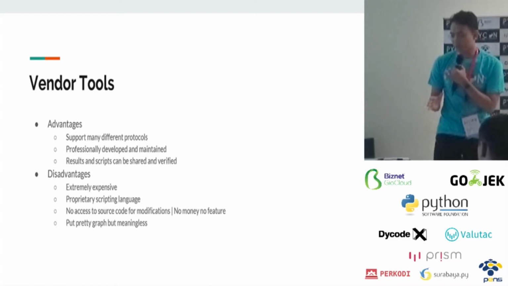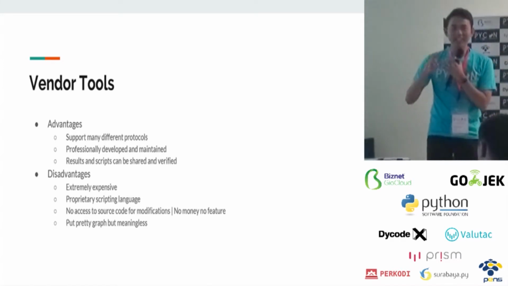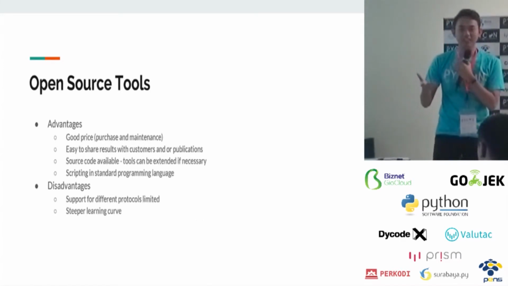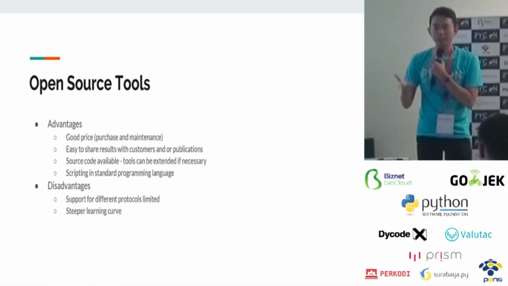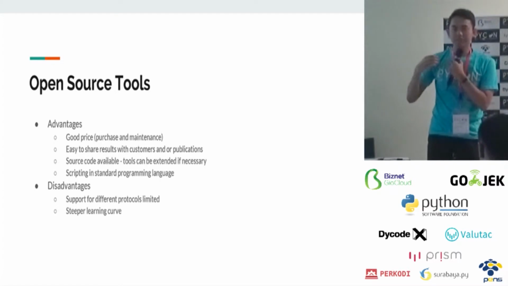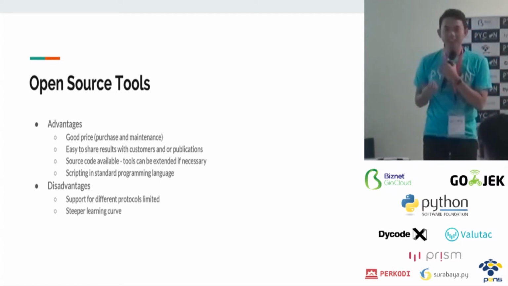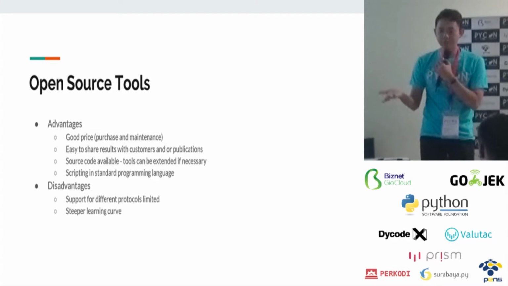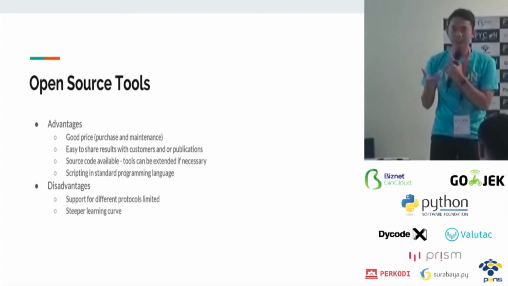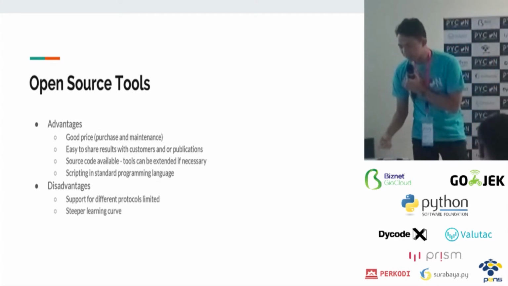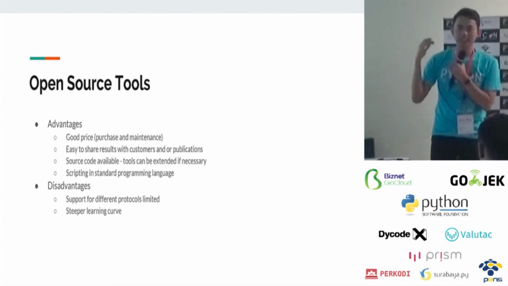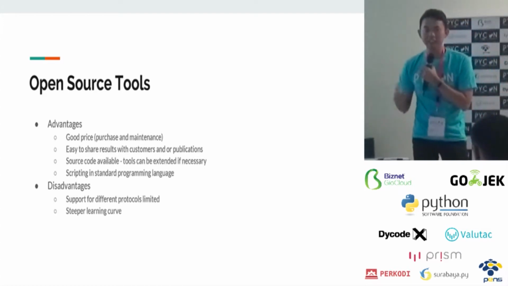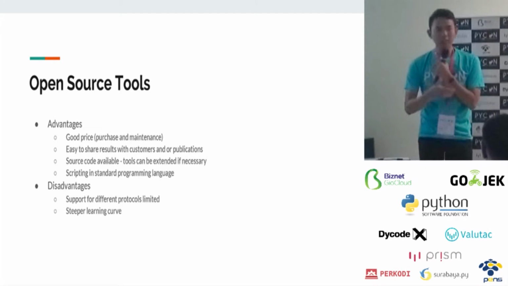But there are open source tools. It is a good price because you can get it for free, but in return we can contribute back to the community, and we can also give back our modifications. So we can make pull requests to the upstream, and maybe our modification can be accepted. And it's easy to share the result because it is in the public domain, so you can tell people that we are using these tools with this kind of tests. It's reproducible, and the source code is available.